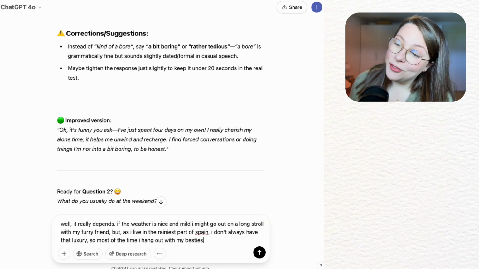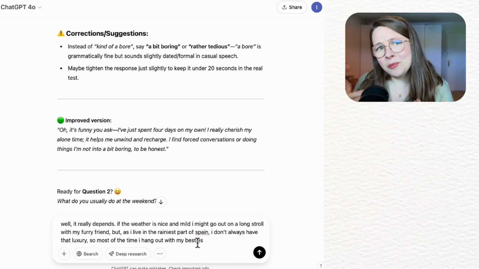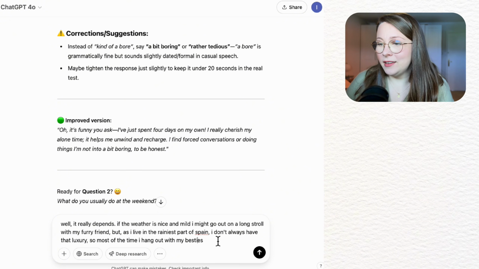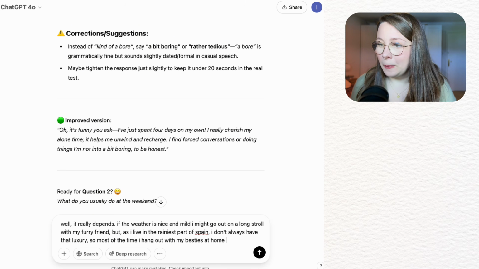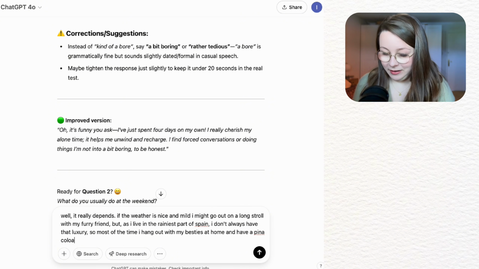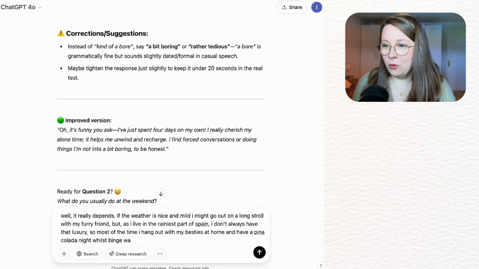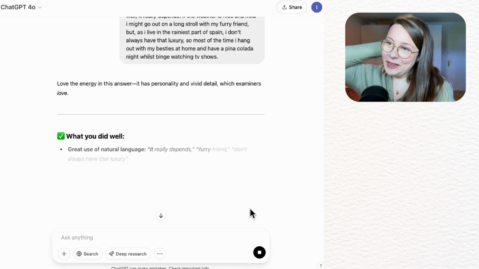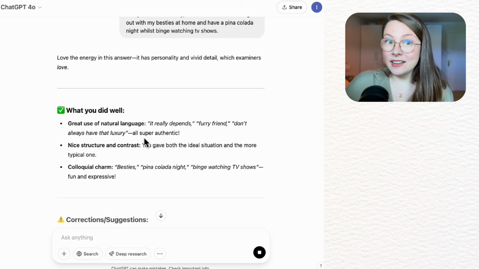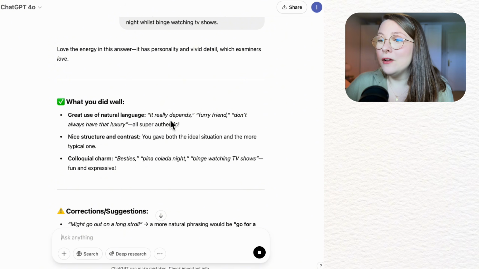I could say best friends, but I want to use a more colloquial, a more informal, or more natural word, and a more C1 word, at home and have a pina colada night whilst binge watching TV shows. There we go. I really tried hard to get as much C1 vocabulary in there. And again, ChatGPT is giving me some direct feedback on my answer.